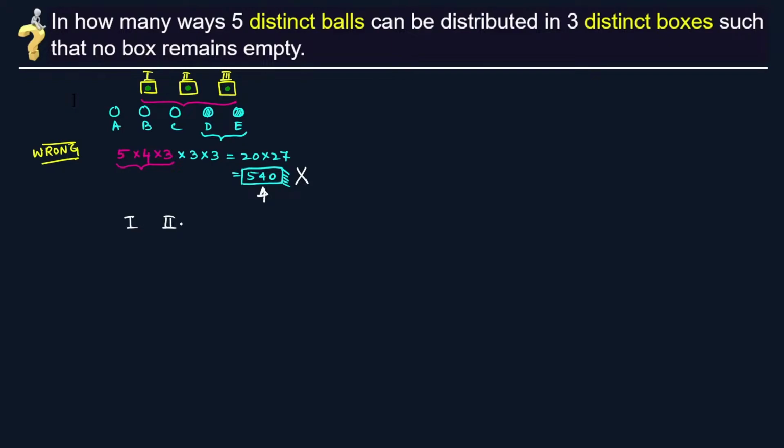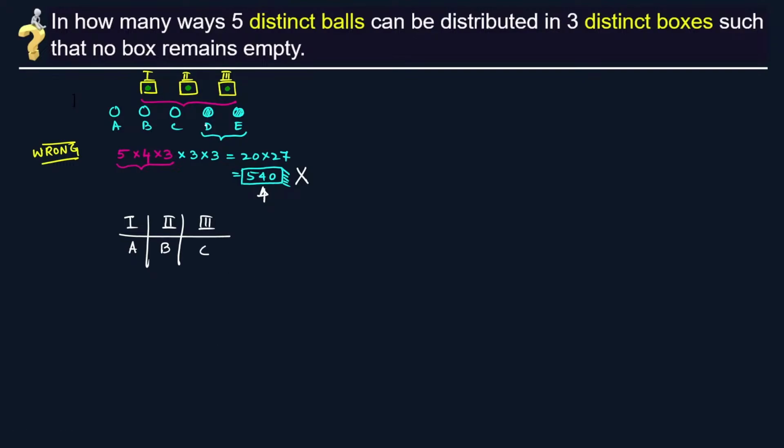Let me denote this as box 1, box 2, box 3. Now let us say for an example, when we are placing 1 ball each in these boxes, A came in box 1, B came in box 2 and C came in box 3.